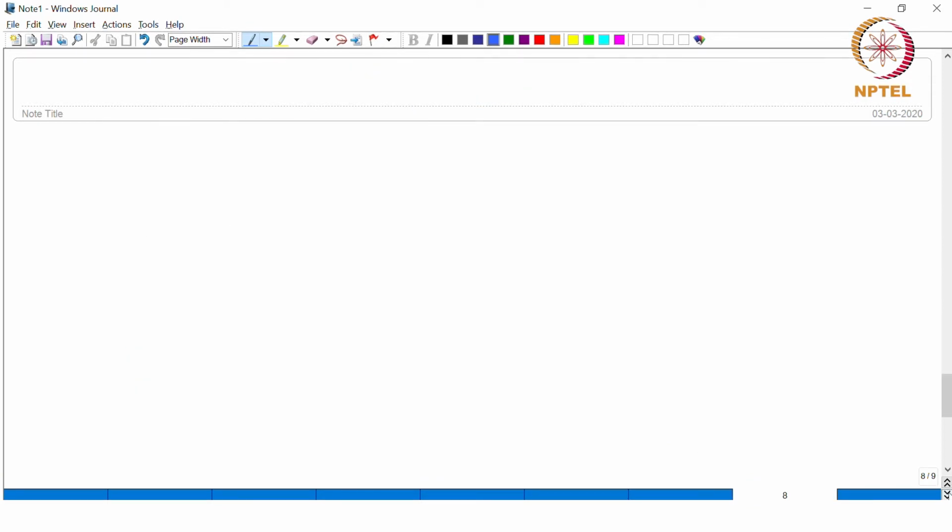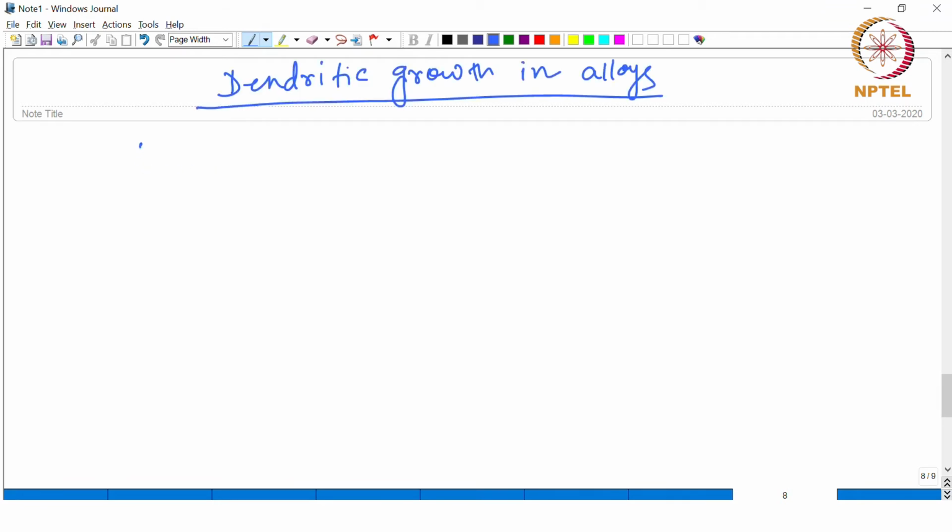And in order to understand, we will again take the help of this equilibrium phase diagram, which has the temperature as the y axis and composition as the x axis.